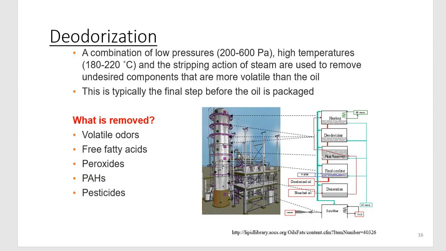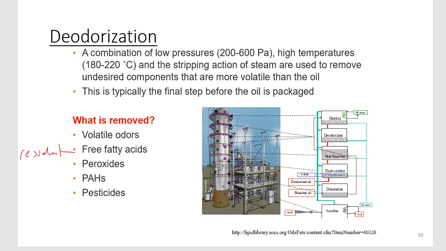Deodorization. It's typically the final step before the oil is packaged. Crude oils contain undesirable aroma compounds, volatile odors. Again, there will be some residual free fatty acids remaining from the other steps.